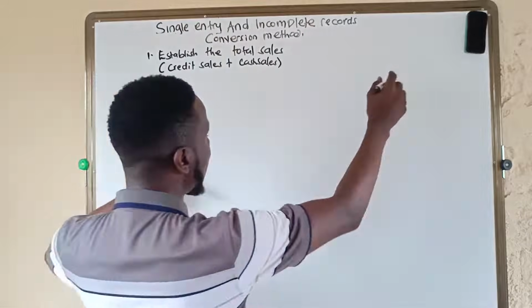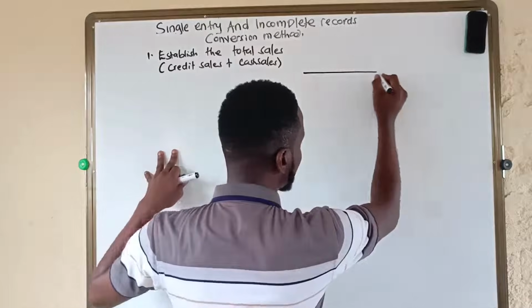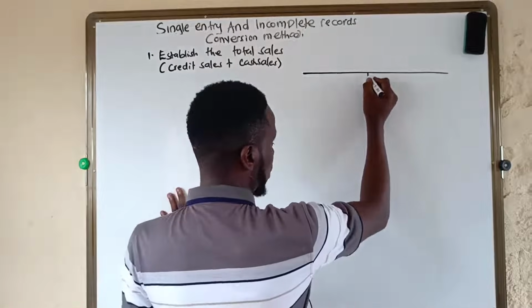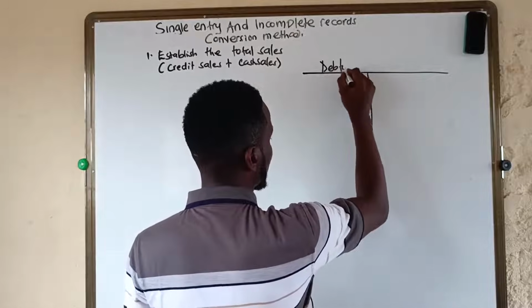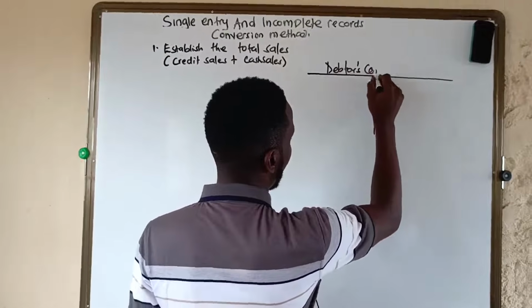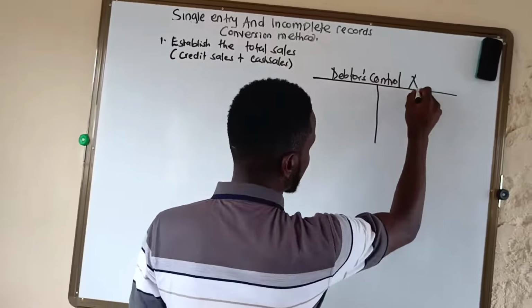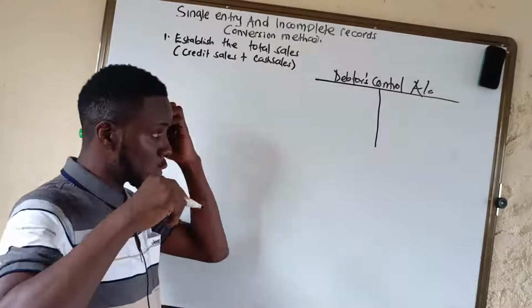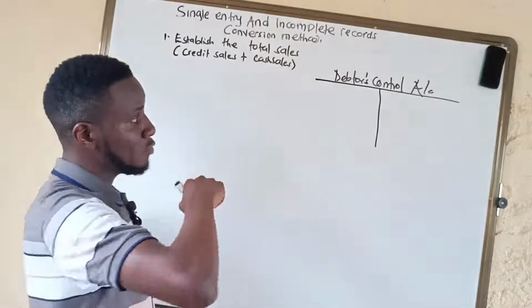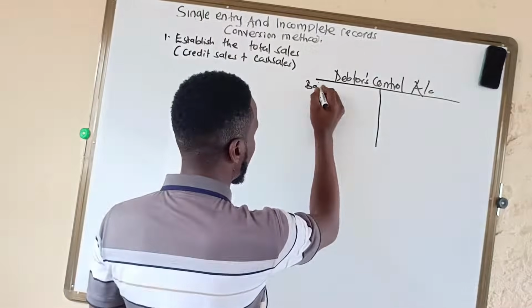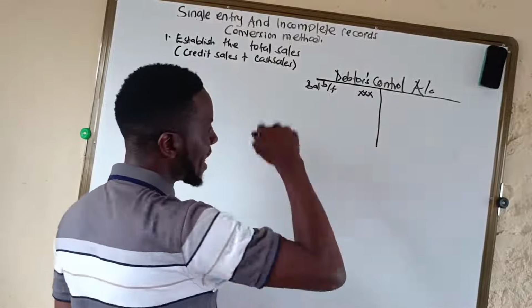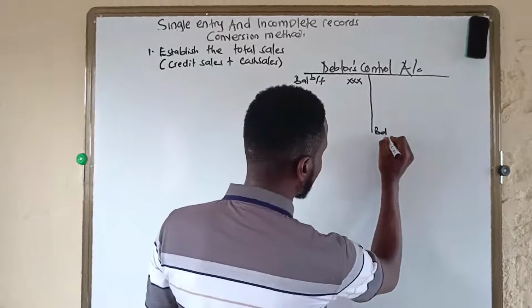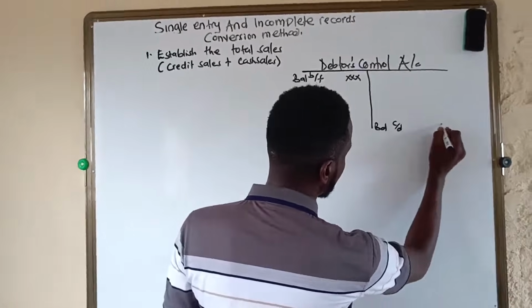Now, remember, from your knowledge of control accounts, it looks like this. So, this is what they call a debtors control account. We always have our balance brought forward here, and then we shall have our balance carried down here.